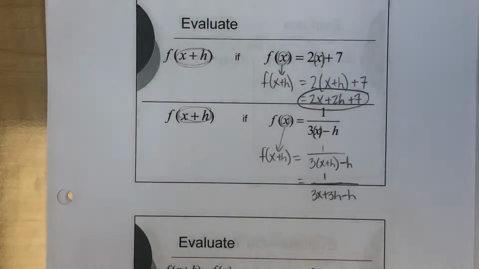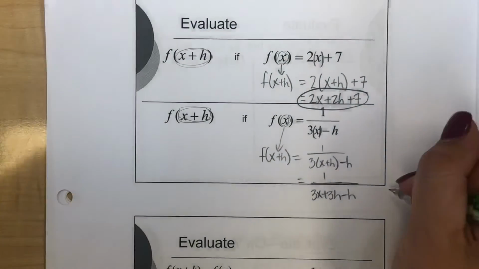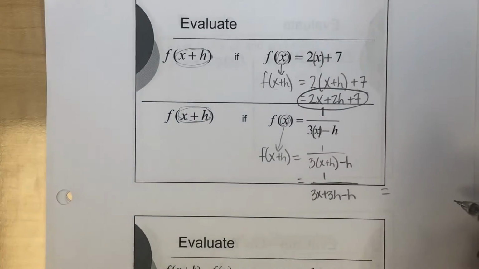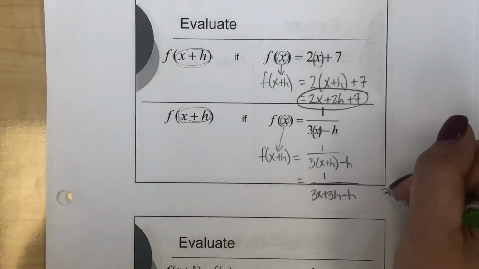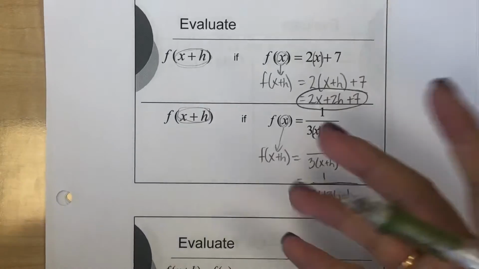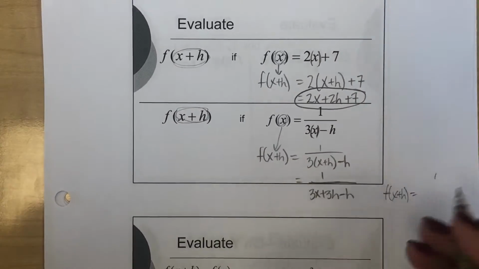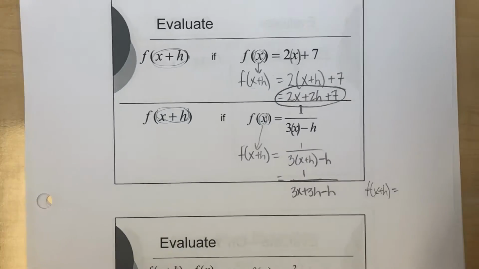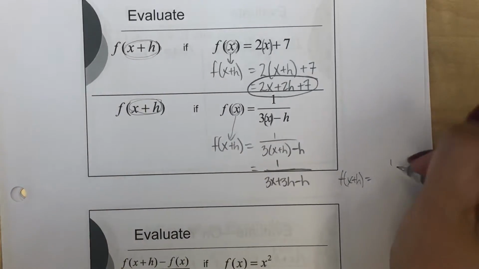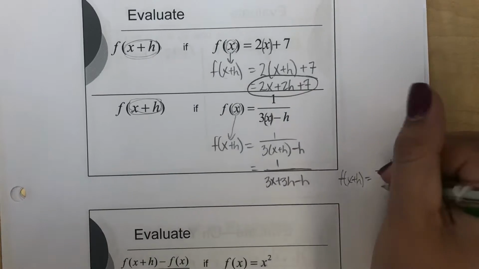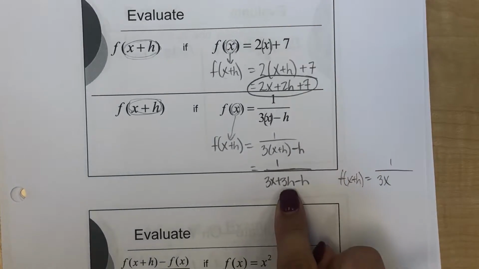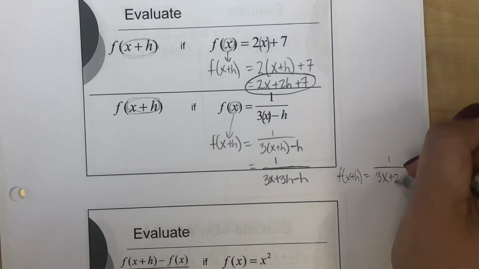I'm going to see if there are any like terms. Aha! There are. So f of x plus h equals 1 over 3x, and then 3h minus h is 2h.